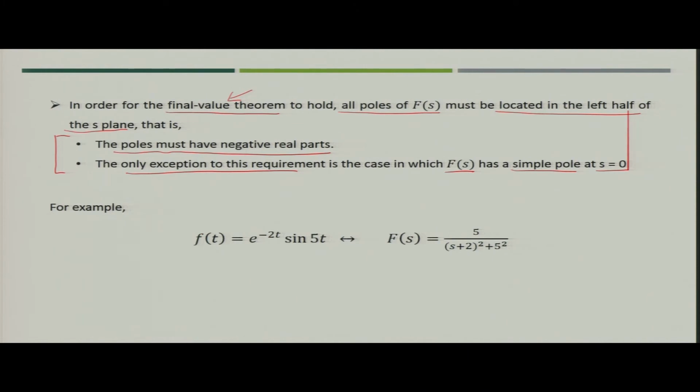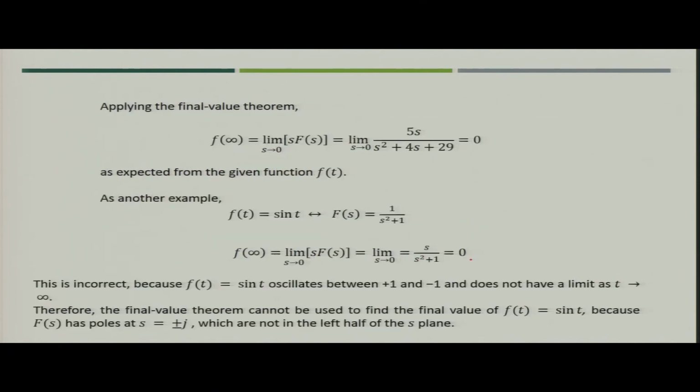Now, let us take an example. The function is f(t) equals e to the power minus 2t sin 5t, and its Laplace transform would be 5 over (s plus 2) whole square plus 5 square.